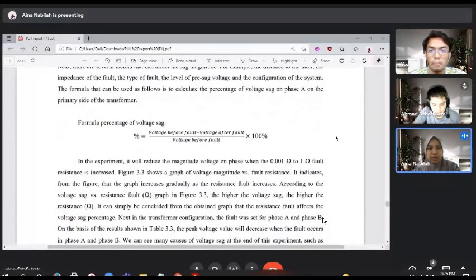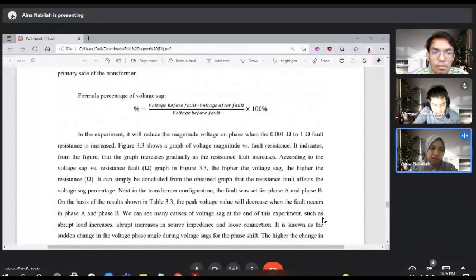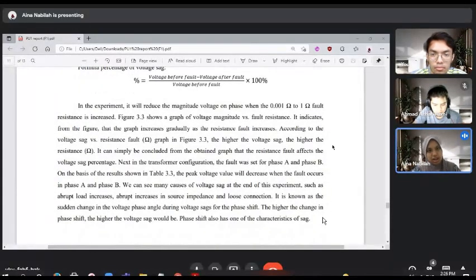So in this experiment, it will reduce the magnitude of voltage on the phase when the fault resistance is increased from 0.001 ohms to 1 ohm.